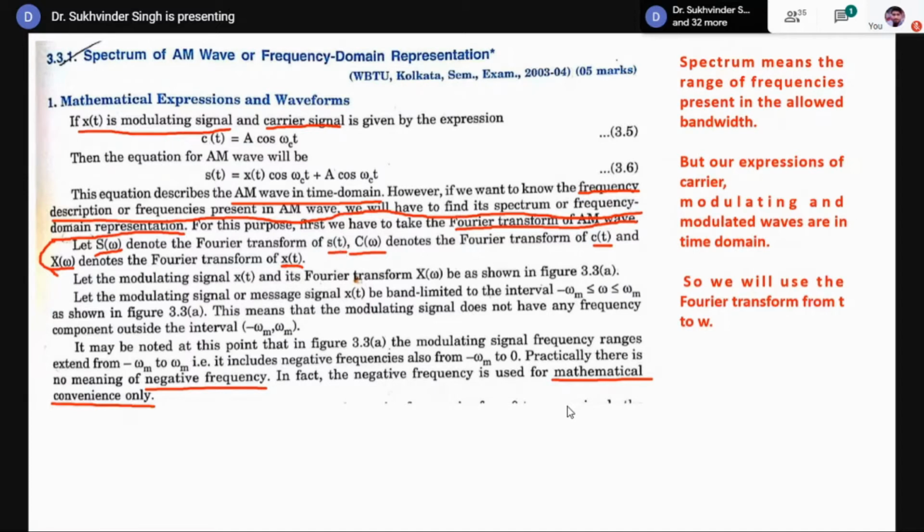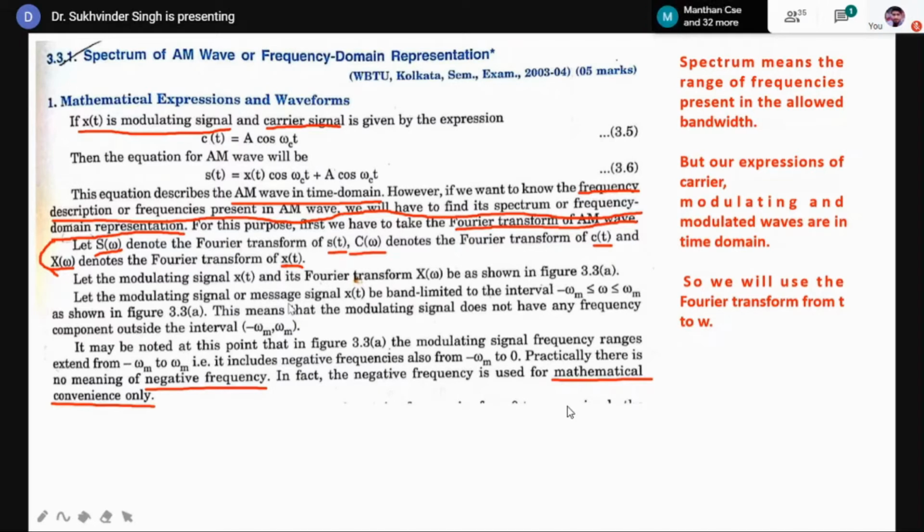To do the Fourier transform, let us assume that small st, which is the modulated signal, has a Fourier transform given by capital S omega. Similarly, the carrier wave, which is given by ct, has a Fourier transform of capital C omega. And in the same manner, let us say small xt, which is the modulating signal, has Fourier transform capital X omega.